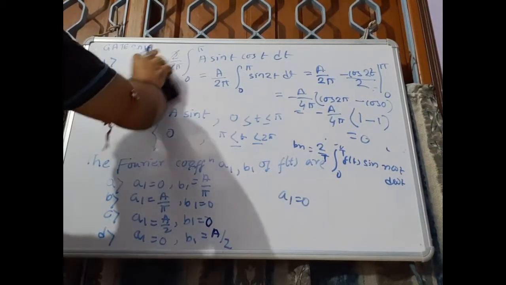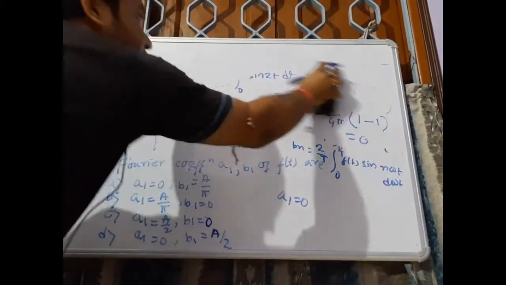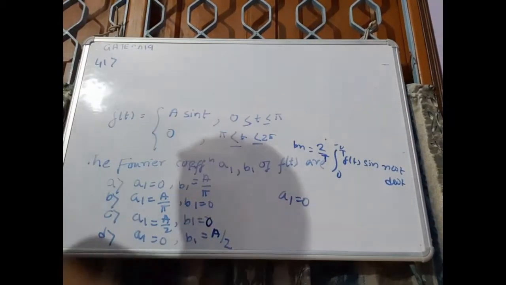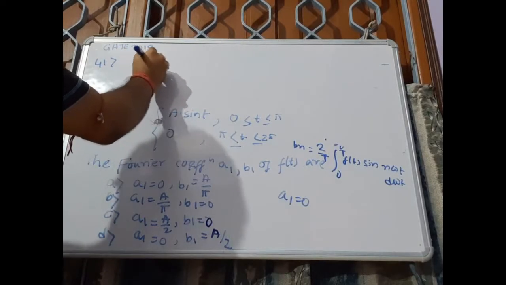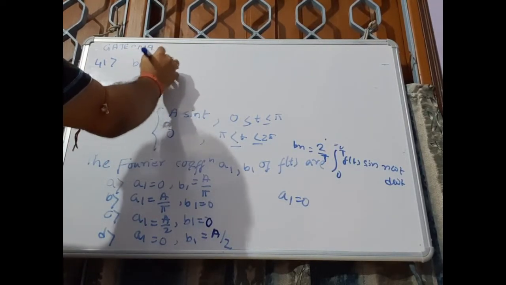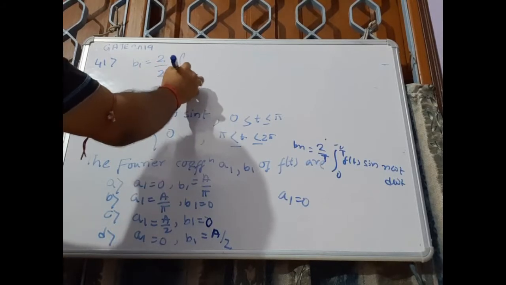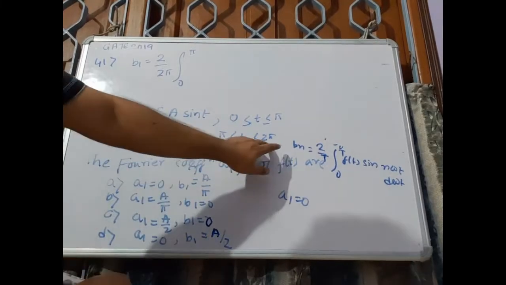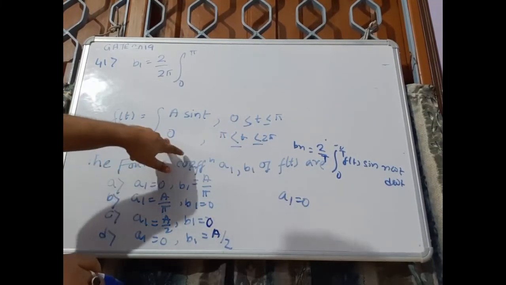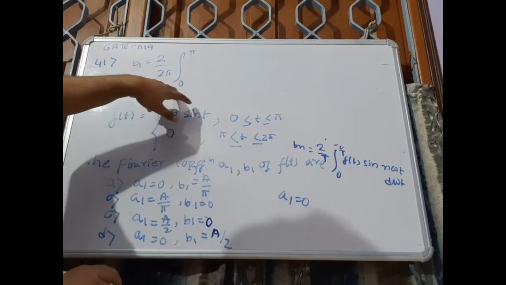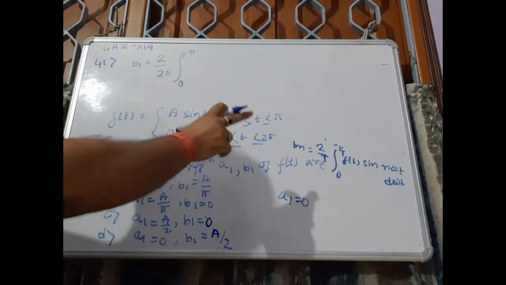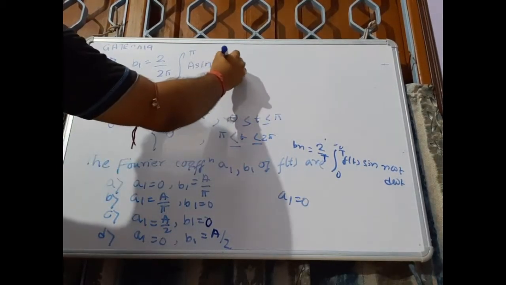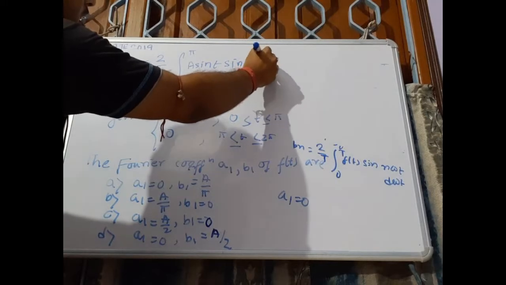Now for b1, b1 is equal to 2 by twice pi integral 0 to pi. I am not writing from pi to 2 pi because this is equal to 0. So 0 to pi, f(t) means a sine t, into sine t dt, right.